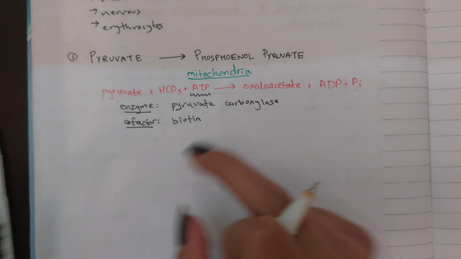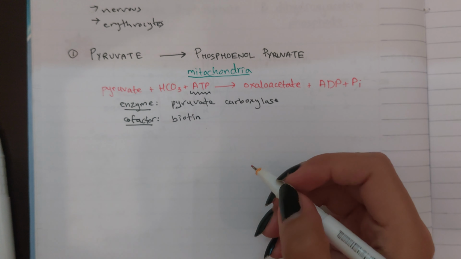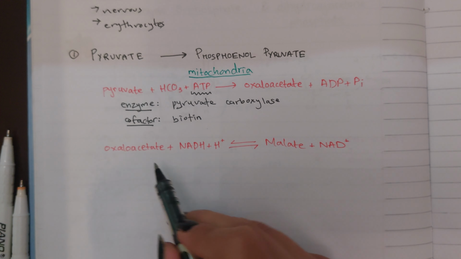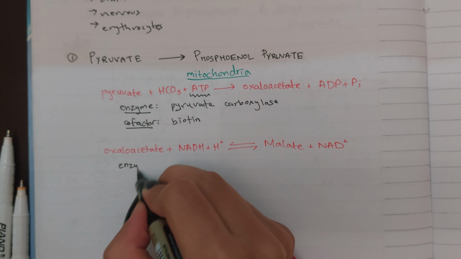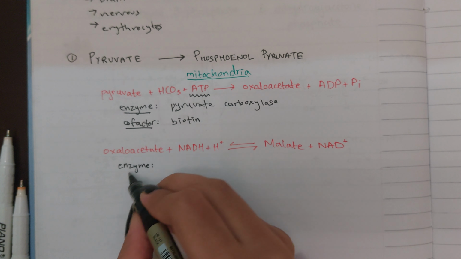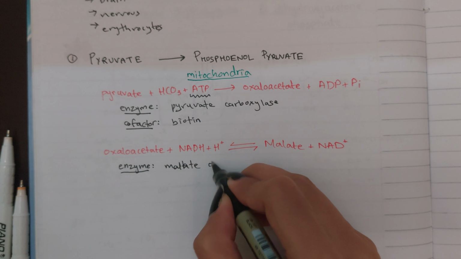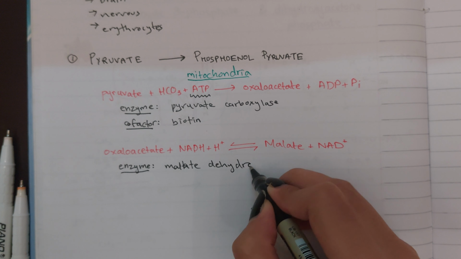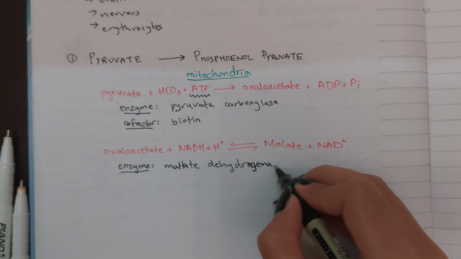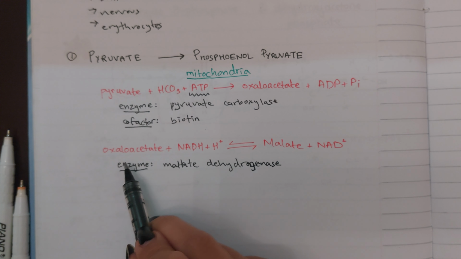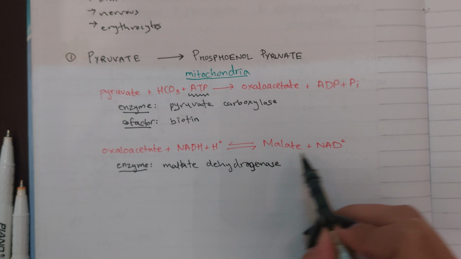And then the oxaloacetate further converts into malate, and I'll be telling you the reason why. So here the enzyme used is malate dehydrogenase, and the oxaloacetate uses one molecule of NADH and produces malate.